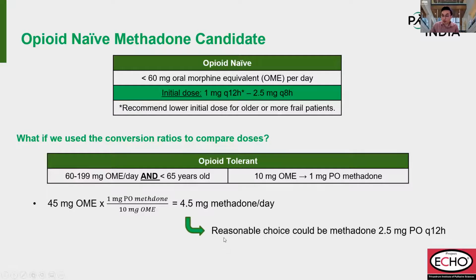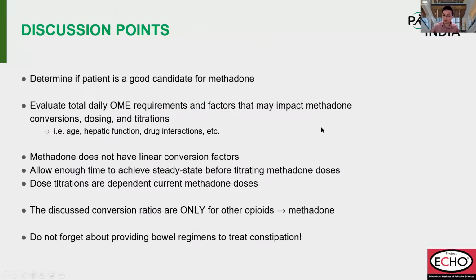But if we're rounding up, I think that's reasonable, because 2.5 every 12 would still be in this safe opioid naive range. So that would be a great regimen to start. And again, the pain may not be controlled, or the pain could be controlled. We just have to monitor and give sufficient time for the patient to achieve steady state.